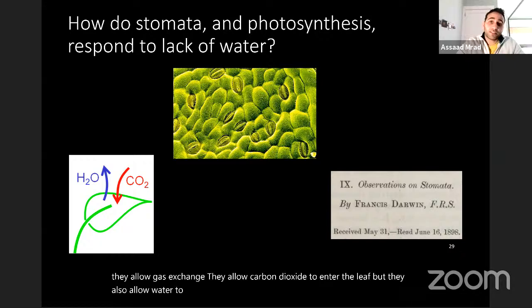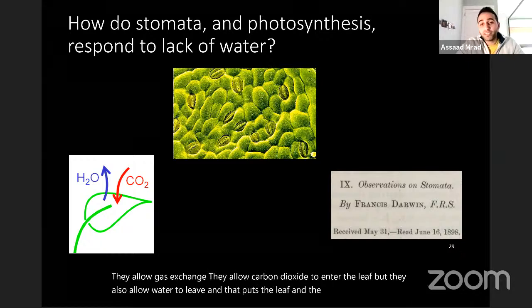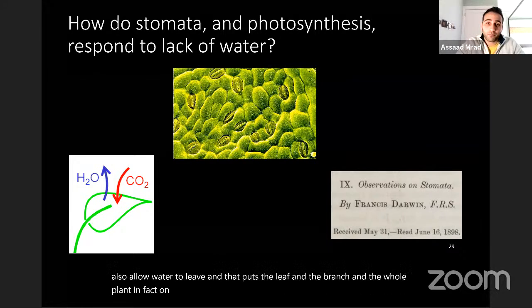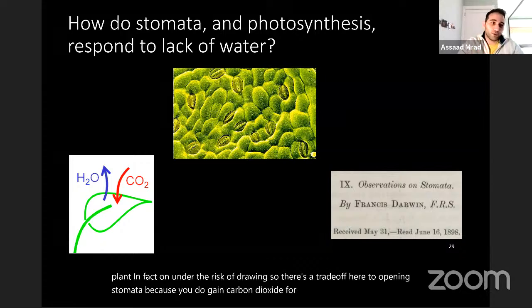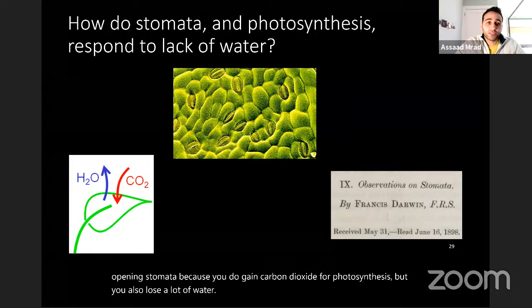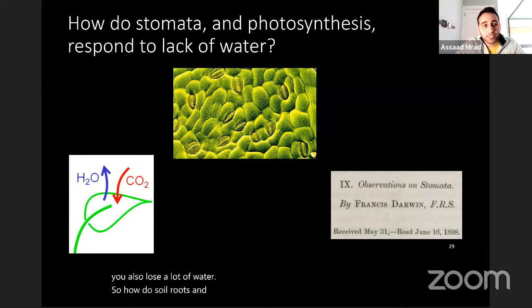And that puts the leaf and the branch and the whole plant, in fact, under the risk of drying. So there's a trade-off here to opening stomata, because you do gain carbon dioxide for photosynthesis, but you also lose a lot of water.